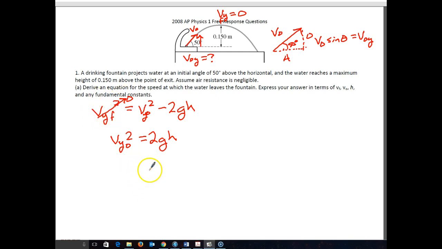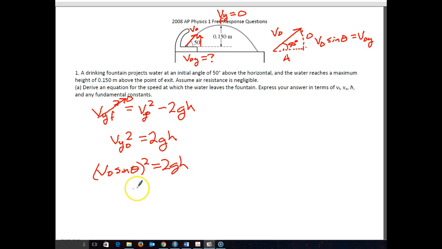Now we know that the original speed of the water coming out times the sine of the angle is equal to the y velocity, so we can substitute in this equation here. So we're going to say the original velocity times the sine of the angle, and that whole thing squared, is equal to 2 times gravity times height.